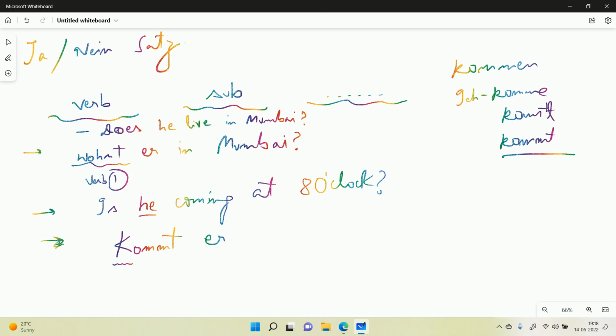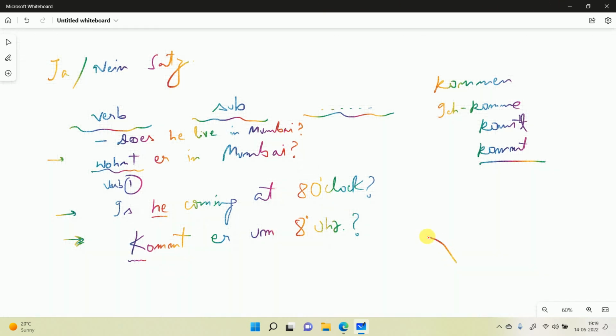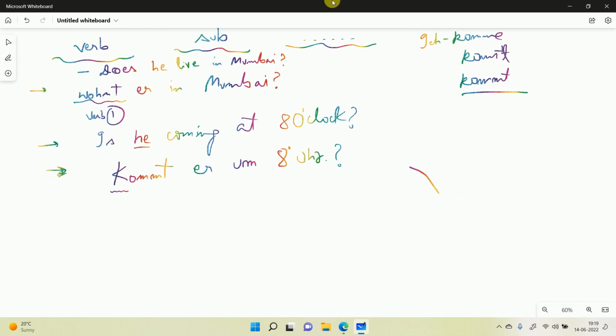Kommt er 8 Uhr? Right? So likewise, we will be able to frame sentences very easily without much of problem. I'll go with more examples.